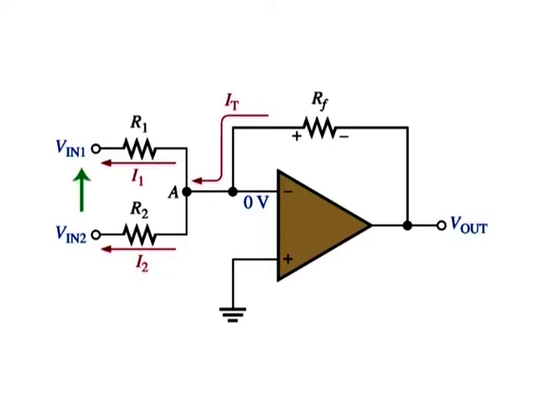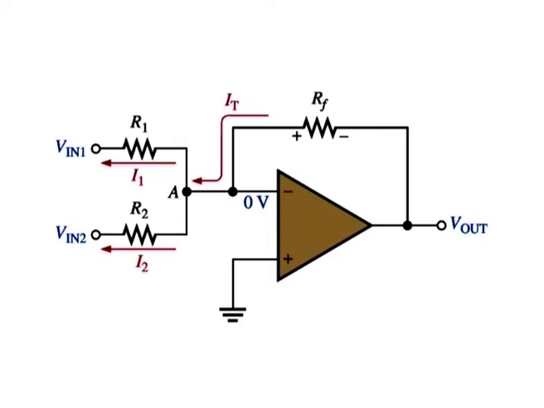Two voltages V in 1 and V in 2 are applied to the inputs and produce currents I 1 and I 2. Using the concepts of infinite input impedance and virtual ground, you can determine that the inverting input of the op amp is approximately 0 volt and has no current through it.